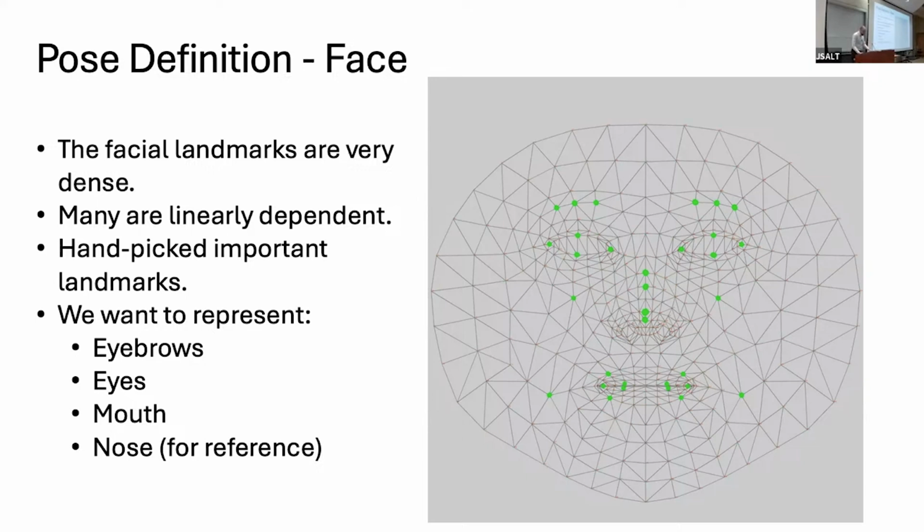Okay. So we have the nose just for reference, because you do not use your nose that much for expressing emotions, but it's good to know as a stable center point that you could use to express the other vertices relatively.